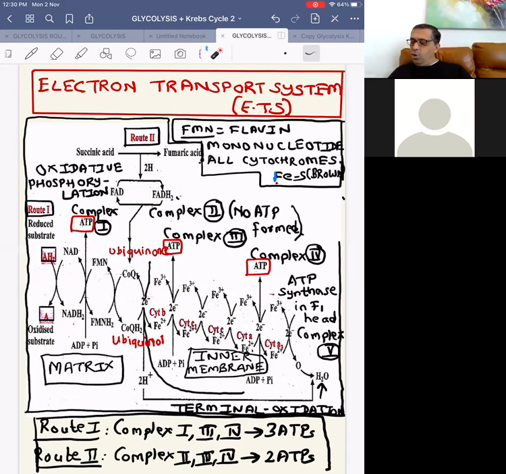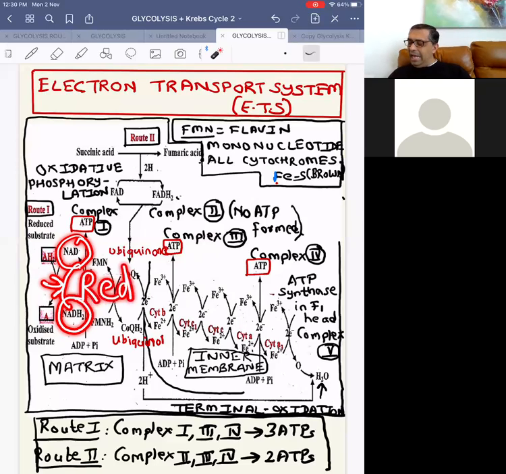So reduced substrate undergoes oxidation, and NAD by accepting the hydrogen gets reduced to become NADH2, and that is called a redox reaction.